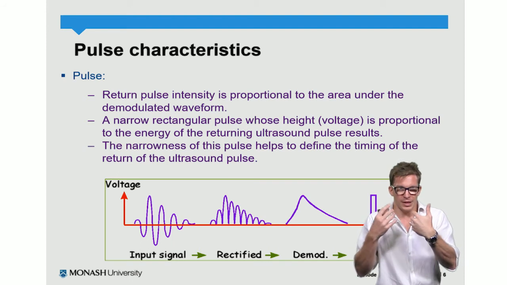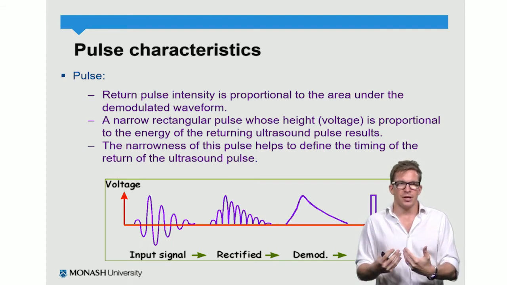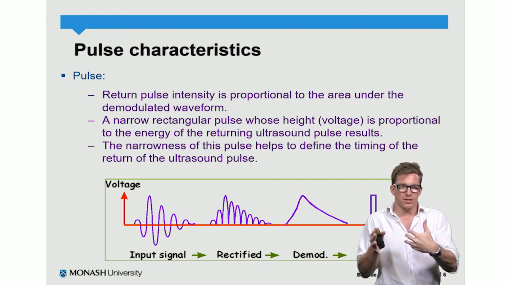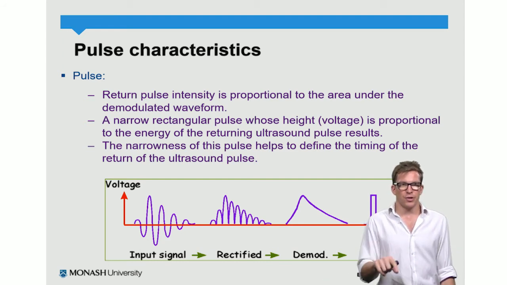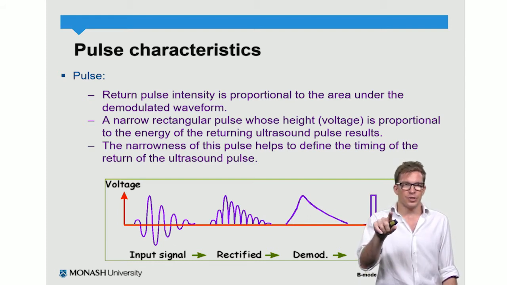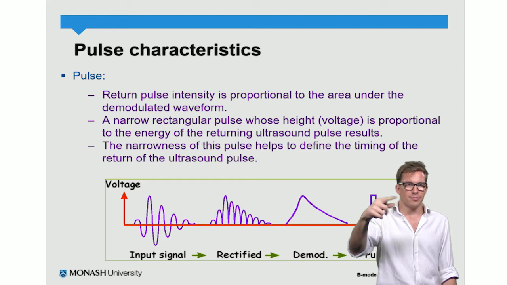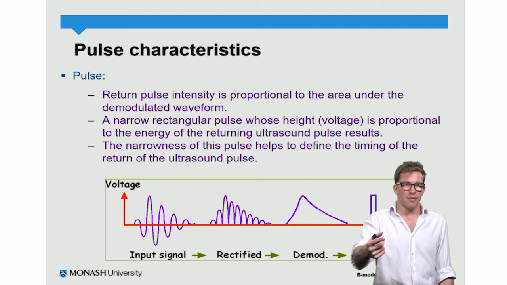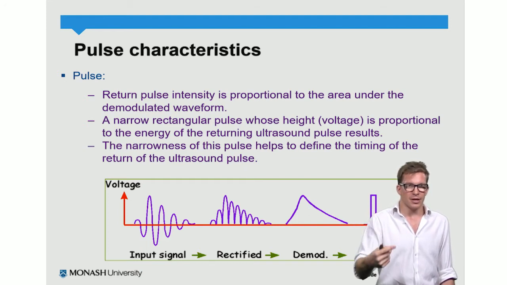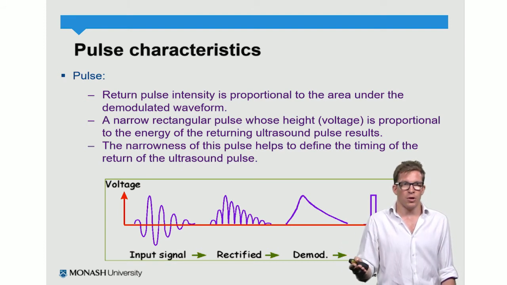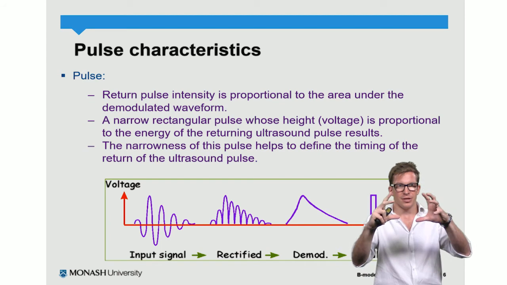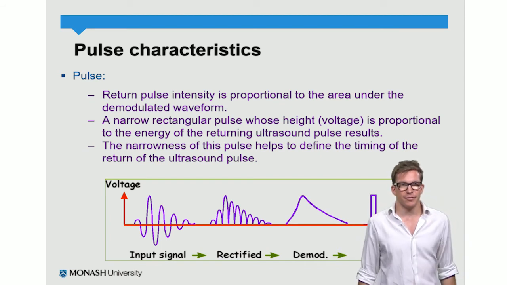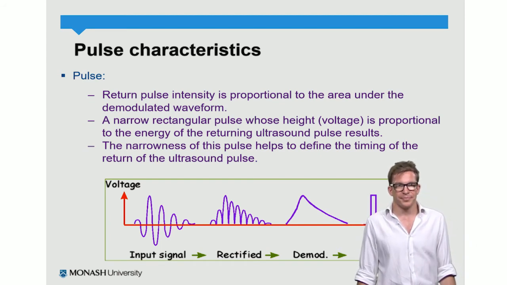So we need to capture all of that information in order to give us the total energy that was reflected back to the transducer. So if we just integrated that pulse, the positive parts and the negative parts would cancel out, and we'd get a very, very small number. And so clearly that's wrong. What we want is the total area contained within both the positive and the negative components of that pulse.